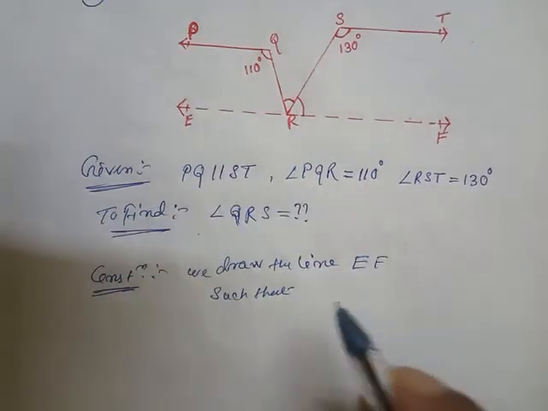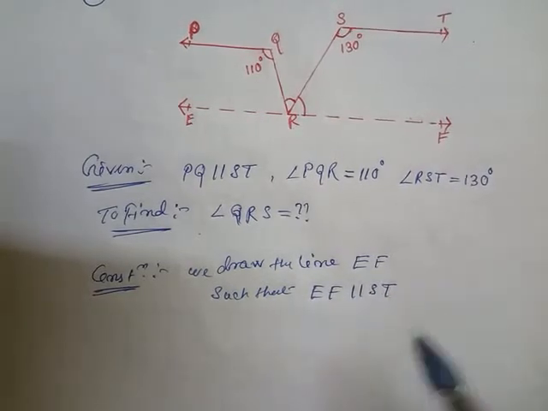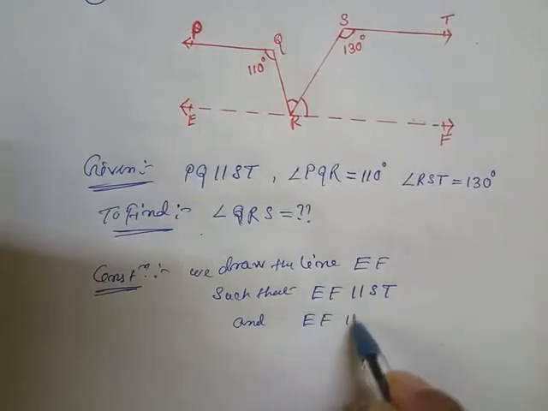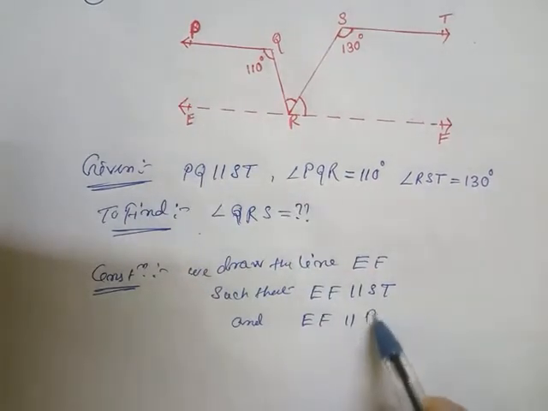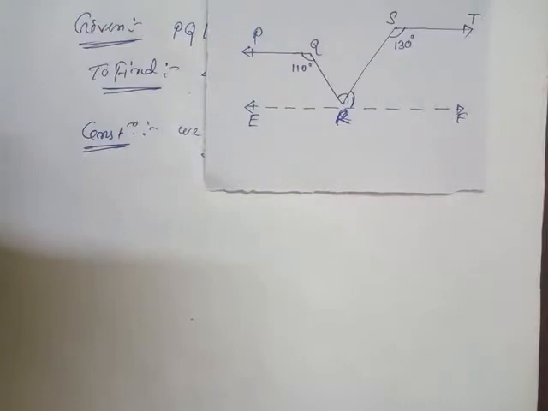So we'll write down here EF parallel to ST and EF parallel to PQ also. This is the construction. Now we'll start the solution.